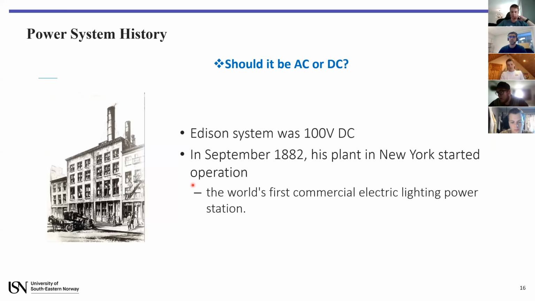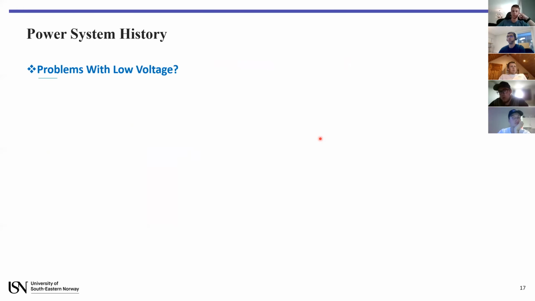The generator produced DC current, DC voltage, and the value of voltage was 100. So according to electrical power engineering knowledge, it's a low voltage compared to the voltage levels we have. It's kilovolt. So it was low voltage.